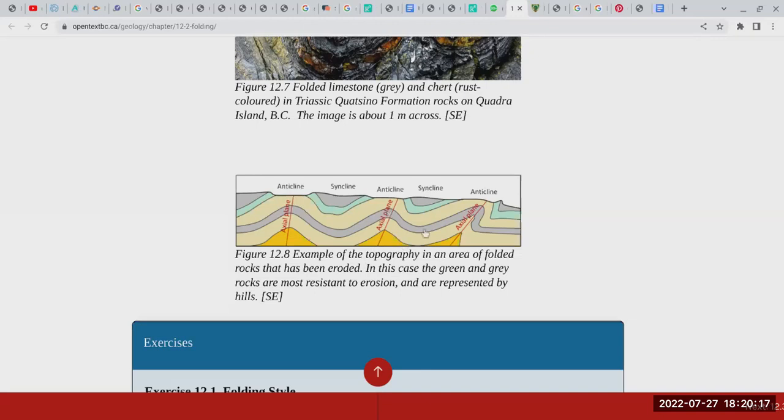So this is when you're looking at the topography of it. All right. Everybody know what topography is? Geomorphology. The features. There you go. Both of you are saying the same thing.